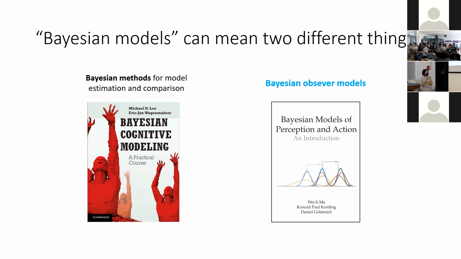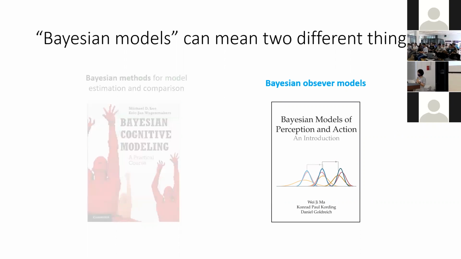And this is not what we are going to talk about today. What we are going to talk about today is closer to the right one. So to discriminate from the left one, we like to call it Bayesian observer models.